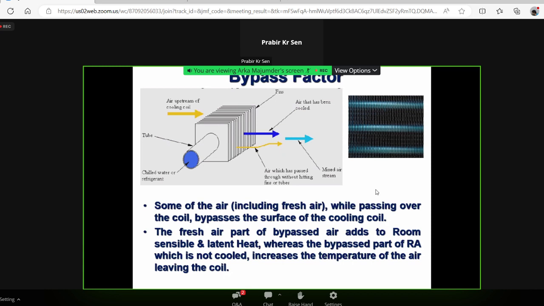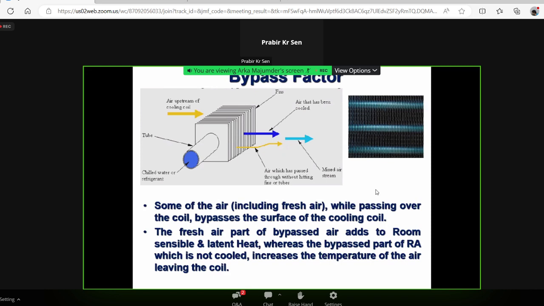A 10 degrees centigrade coil cannot produce 10 degrees centigrade cold air coming out from it because of some air bypassing, and there are other reasons also which I'll be discussing in the next slide, but for the time being let us consider only the air being bypassed. So this bypass air contains two parts. One is the outside air, which we'll consider in the heat load being directly added in the air conditioned room, and one is the return air.